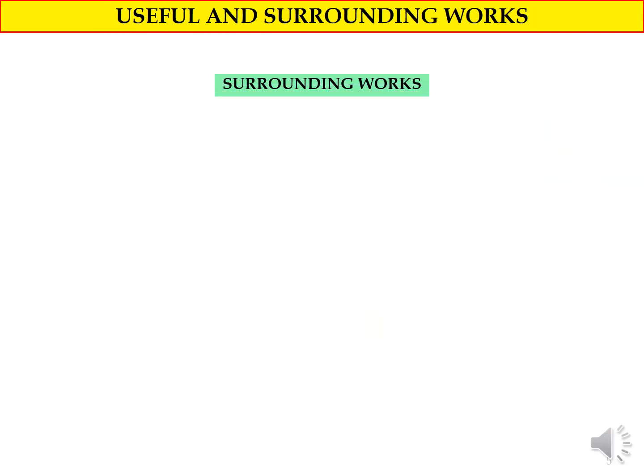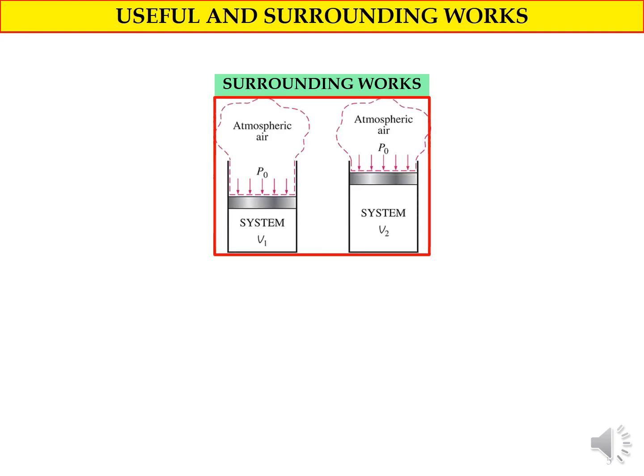So, useful and surrounding works. Before we go to the definition of irreversibility and reversible work, we should look into the surrounding works. Let's say we have a piston device system. On your left hand side is state 1, and on your right hand side is state 2.